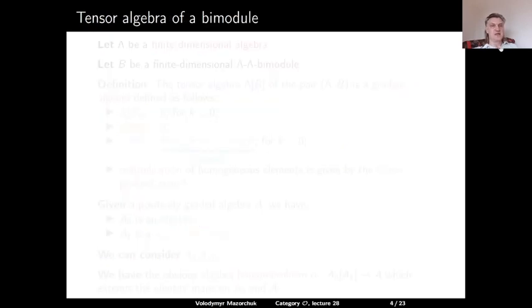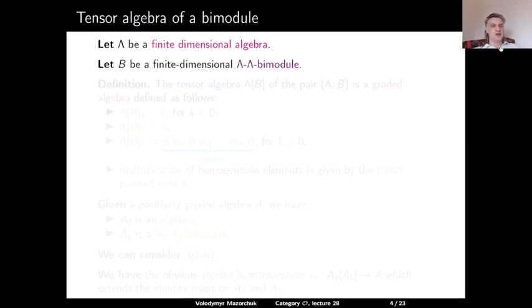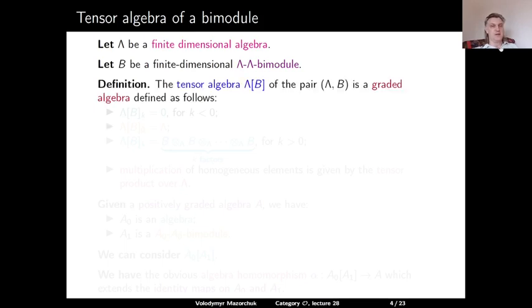Now let us discuss the tensor algebra of a bimodule. Let Lambda be a finite dimensional algebra and B be a finite dimensional Lambda-Lambda bimodule. The tensor algebra T_Lambda(B) of the pair (Lambda, B) is a graded algebra defined as follows. All negative homogeneous components of this algebra are 0.